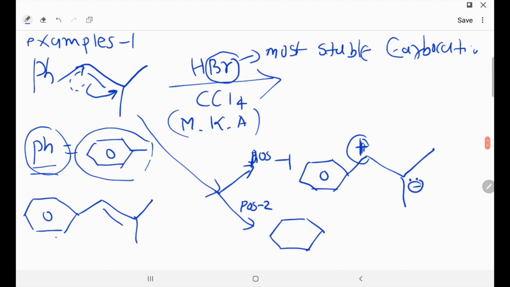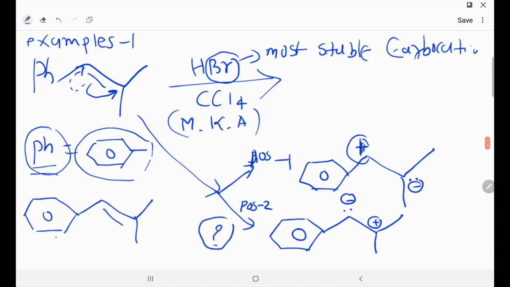You can use your notebook, you can use your own brain to solve these examples with me. So now in this case, a negative charge is generated here and a positive charge is generated somewhere here. Now dear students, the most important thing is which one is the most stable.